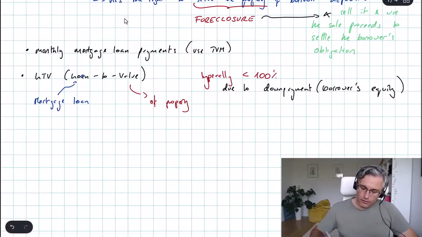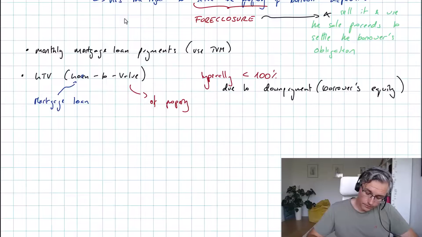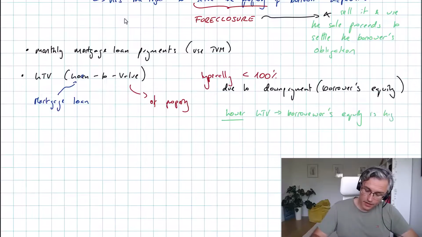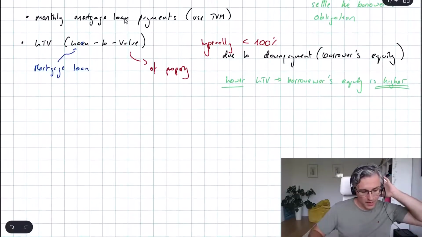And the lower the LTV is, that means borrower's equity is higher, the more they have provided and the less the bank has lent to them.